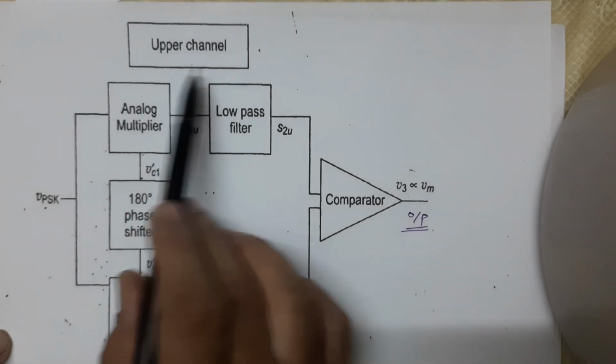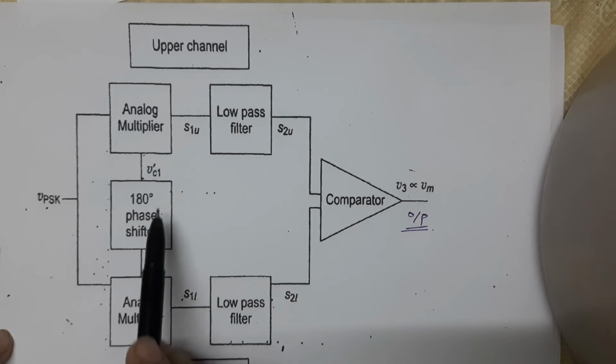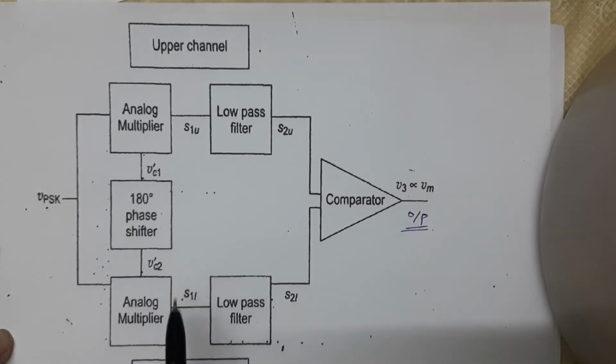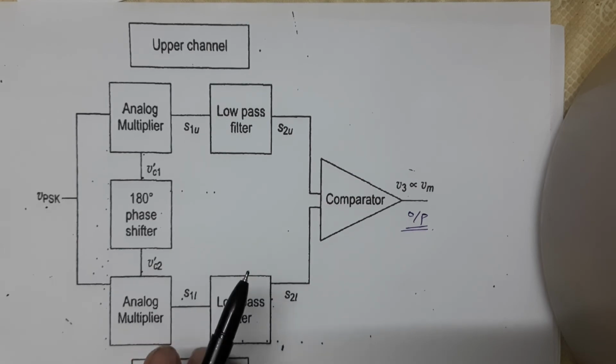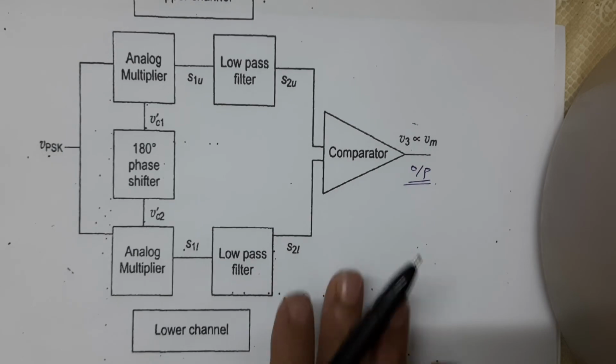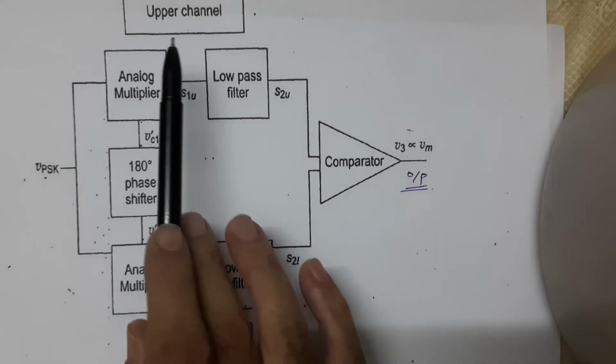See here, one terminal is 0 degree, the second is 180 degree. So in the upper channel, this is your 0 degree phase shift. In the lower channel, due to this 180 degree phase shifter, it is 180 degree phase shift.